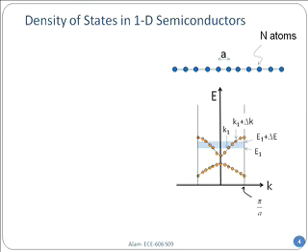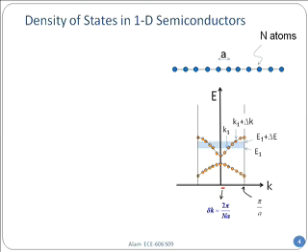You realize that these individual states are separated by 2 pi over NA. Now n is 100 million, and so therefore these states are actually very tiny, very closely spaced. I've just shown you 2 or 3 just for representation. This will actually be an almost continuous number of states, dots on that energy band diagram.